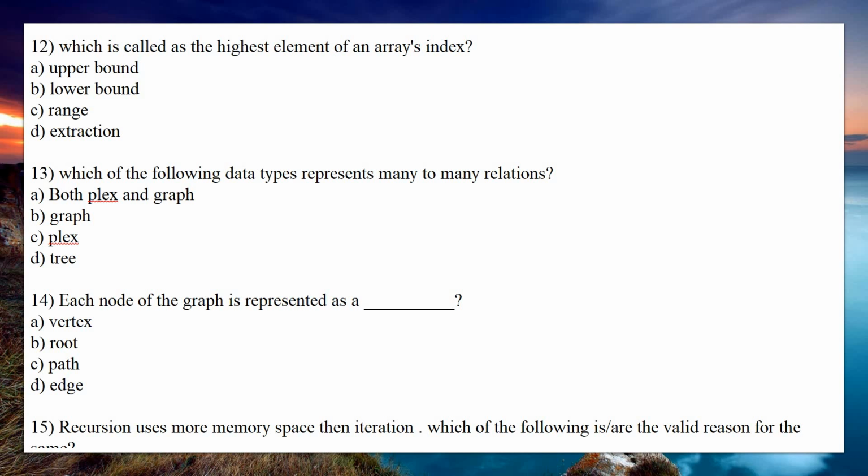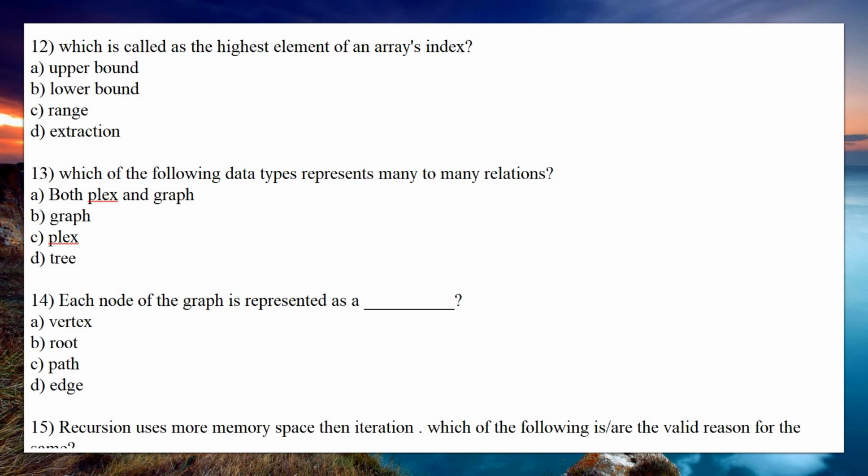So next one is the 12th question: what is the highest element of an array's index called, whether upper bound or lower bound. Range and extraction are out of the question because they will not come in the array index or highest element.